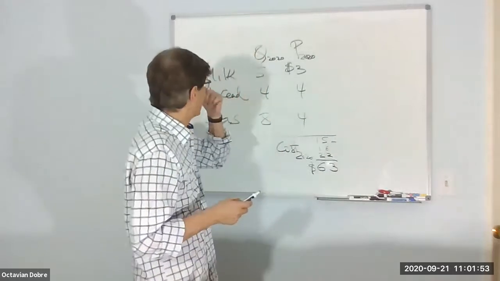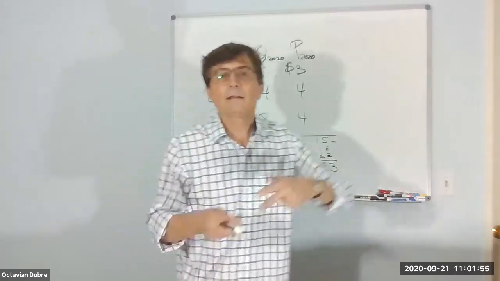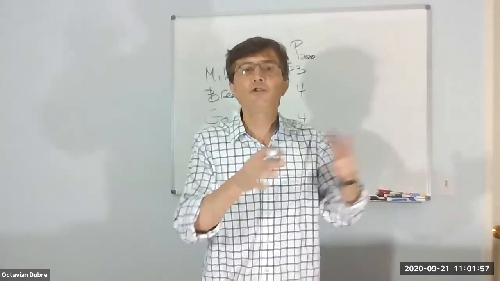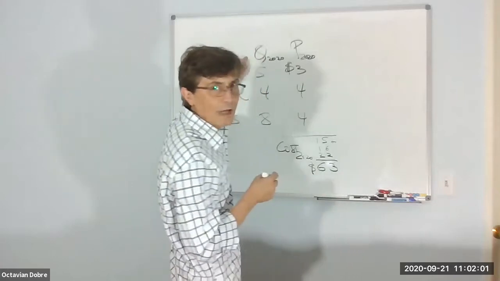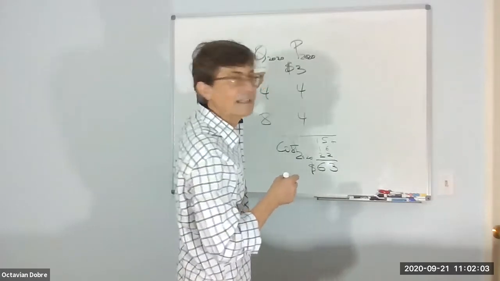Now, what I'm going to do is I'm going to take a look at the same basket of goods, but in 2021. So here, the quantities in 2021, I'm going to leave them the same.